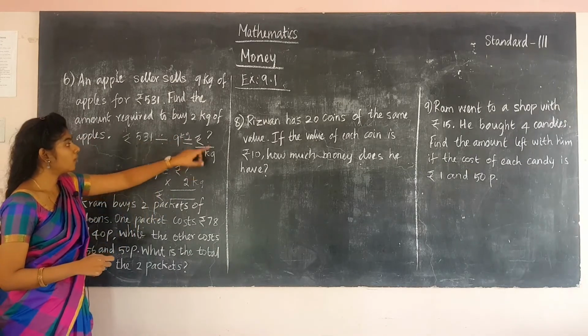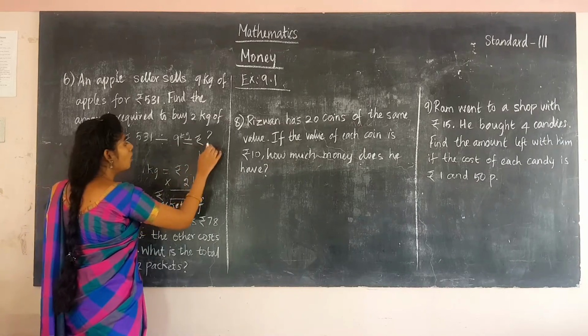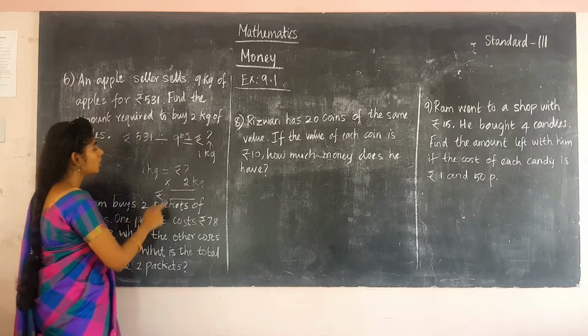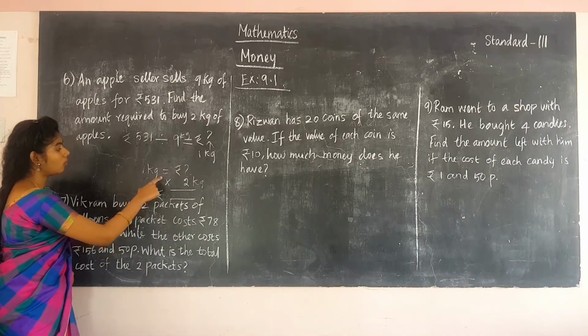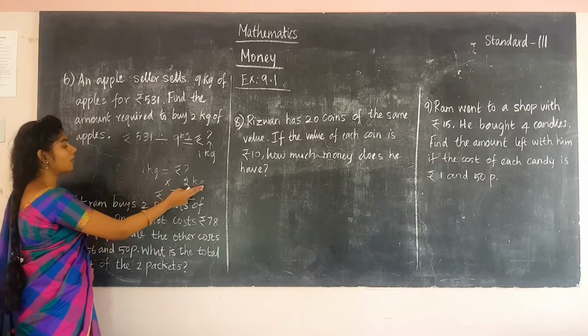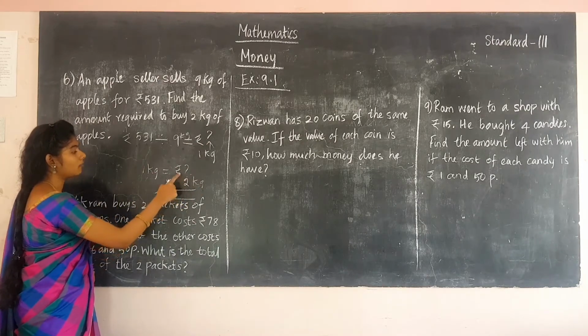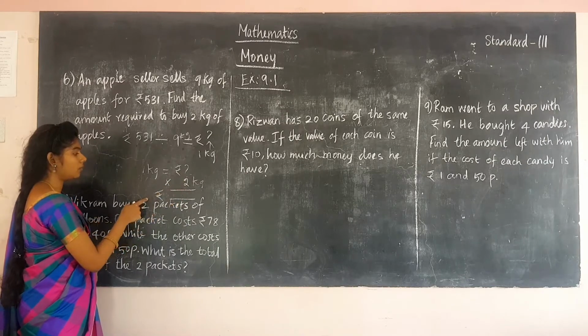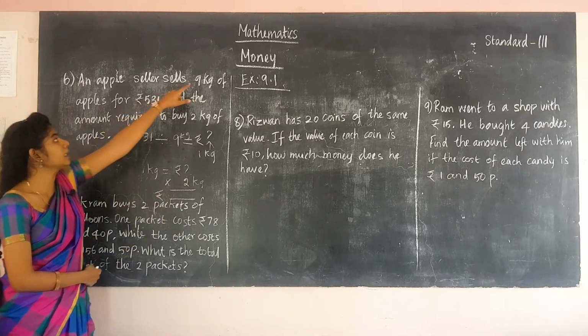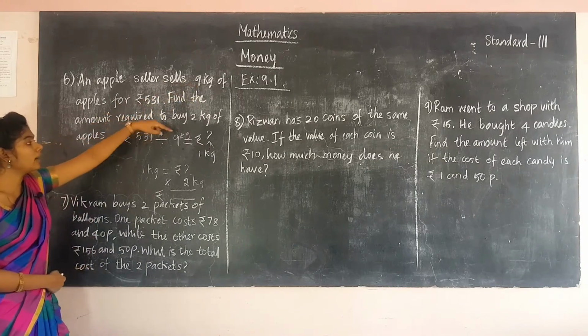So, we can find for 1 kg, how much rupees. Once we have found the rupees for 1 kg, we can find for 2 kg of apples. The answer will be, after multiplying these two numbers, the amount for 2 kg. So first we have to divide these two numbers, 531 divided by 9.